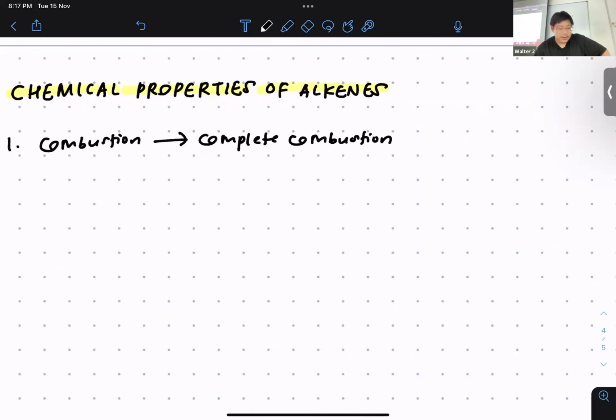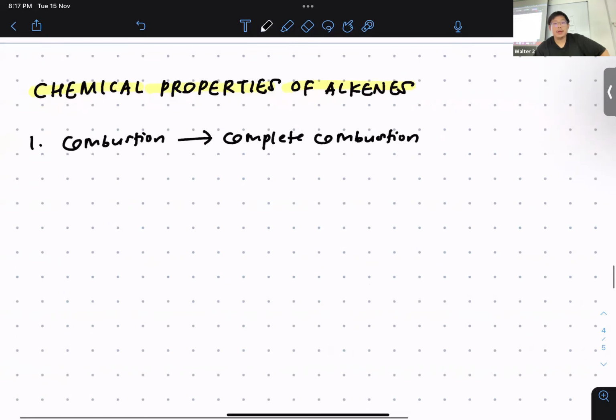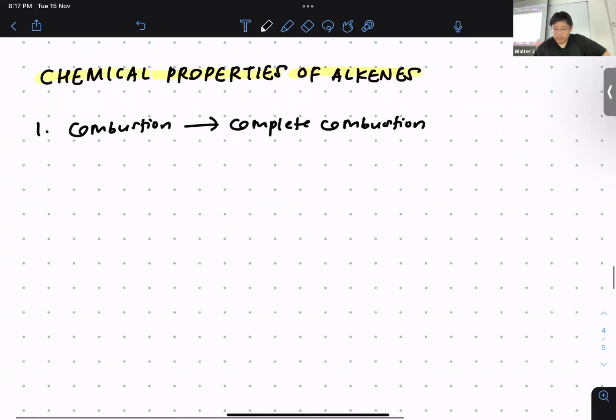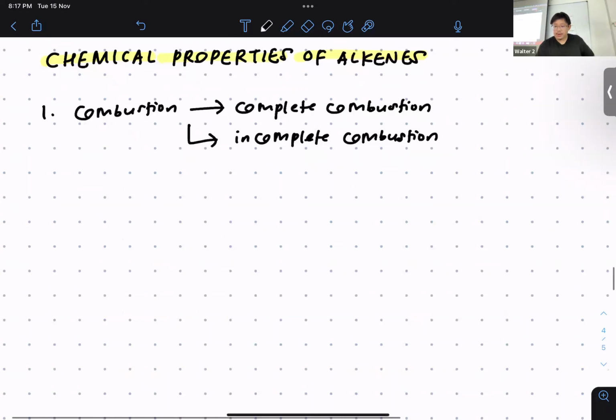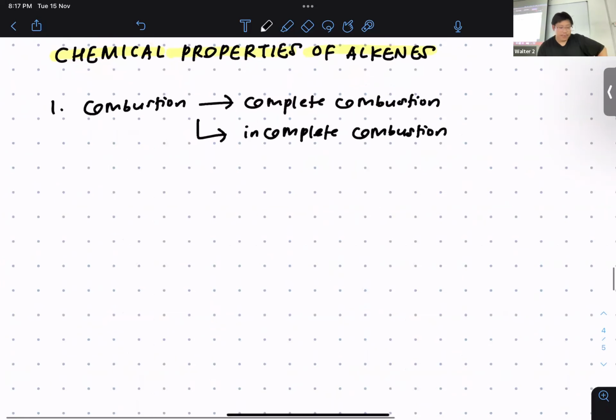For complete combustion, of course, they will only produce carbon dioxide and water. And then the incomplete combustion can produce carbon deposit, or carbon monoxide is produced as a byproduct.